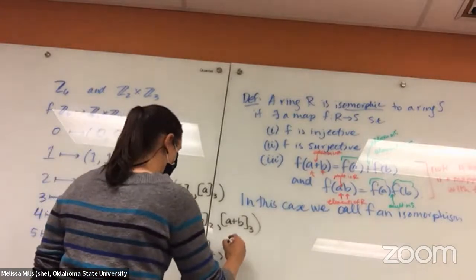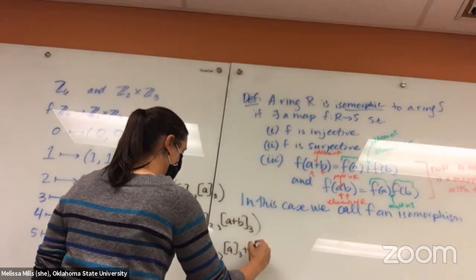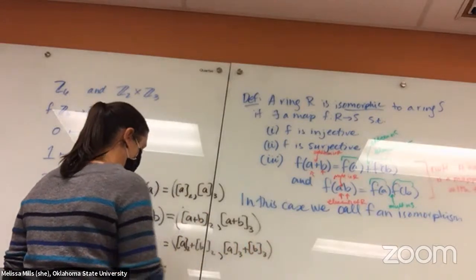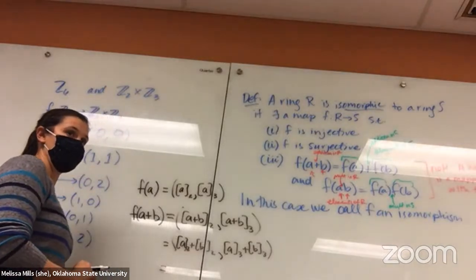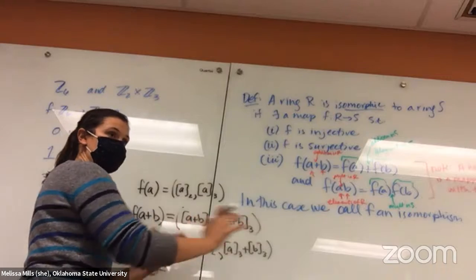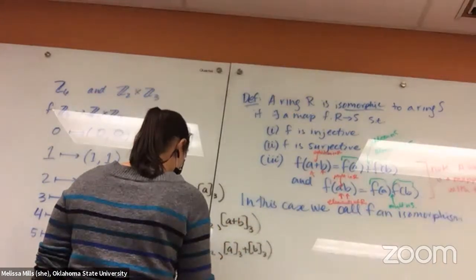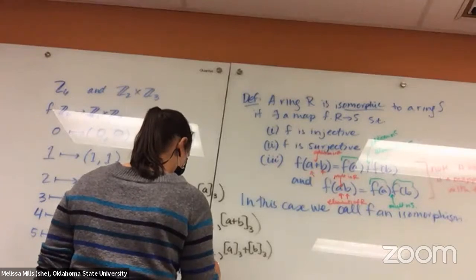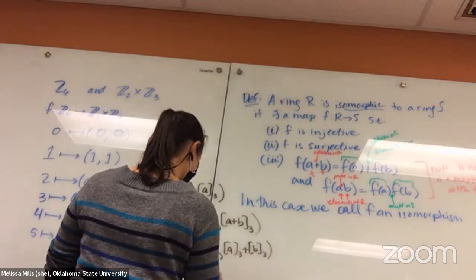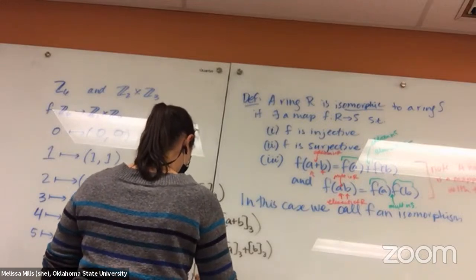It is, comma, and then A mod 3 plus B mod 3, right? And then how does it break up even further? Now I can break it into two things added up, right? So I can do A mod 2, B mod 2, B mod 3.